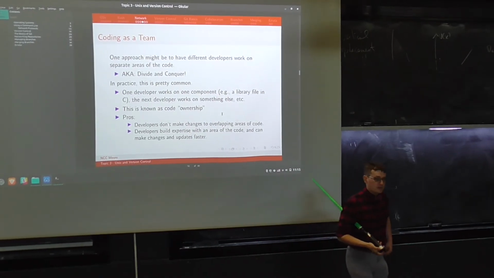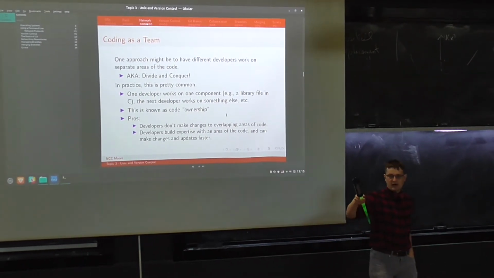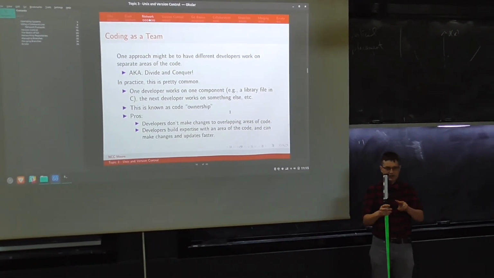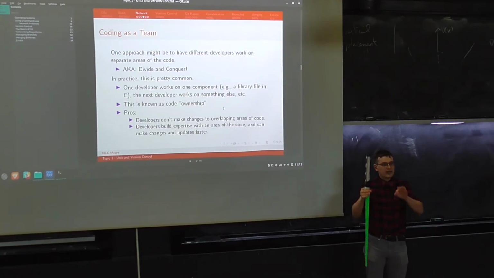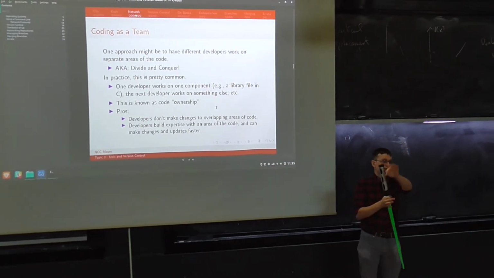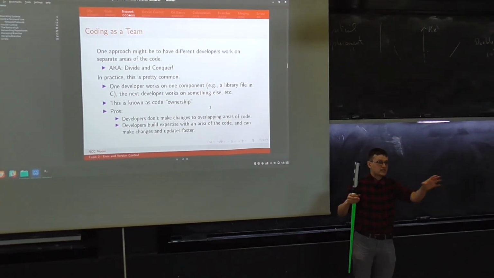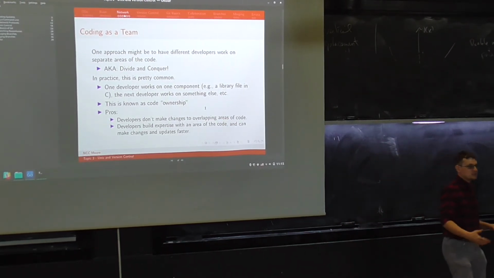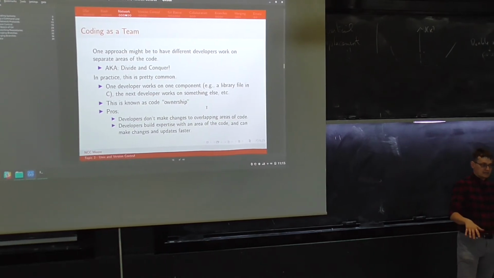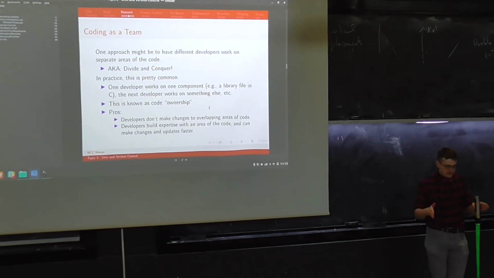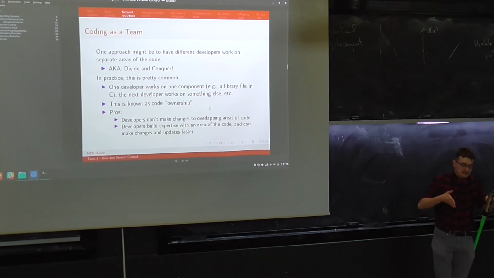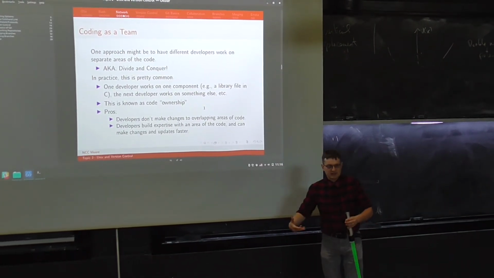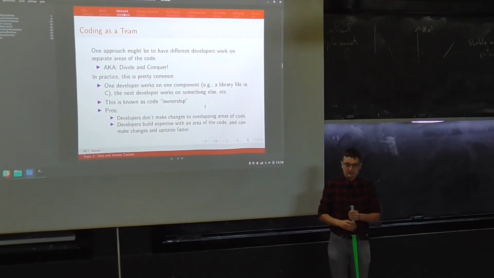So, let's say you have 10 developers and 20 different classes in a piece of code. You would assign these classes to these developers. Every developer would get at least one, depending on the size and complexity, and that would be their domain. They would be experts in that one class, or that one file, or that one piece of the code. Each one of them would own a particular bit, right?